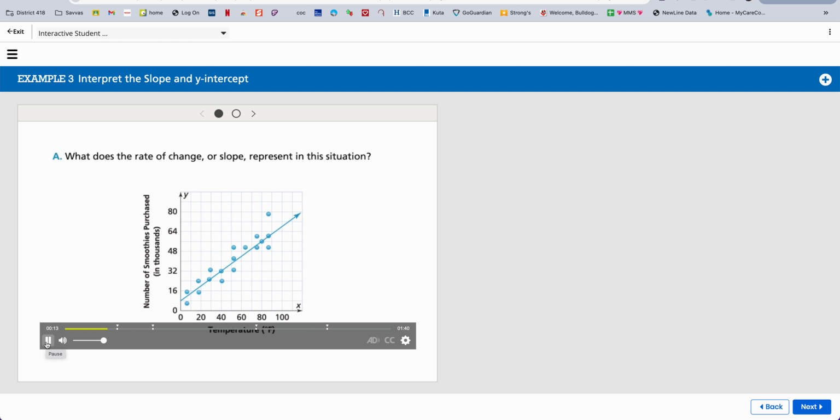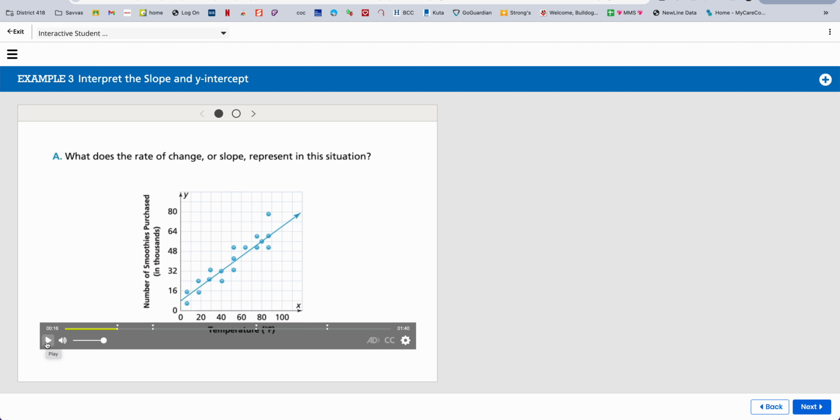Part A. What does the rate of change or slope represent in this situation? What does the slope represent? Slope is what over what? Y over X. Rise over run, so what's the rise, tell me? It's going up. Look at the graph. What does the rise mean on this graph? Number of smoothies purchased. Number of smoothies purchased per 1,000, and what does the run tell me?